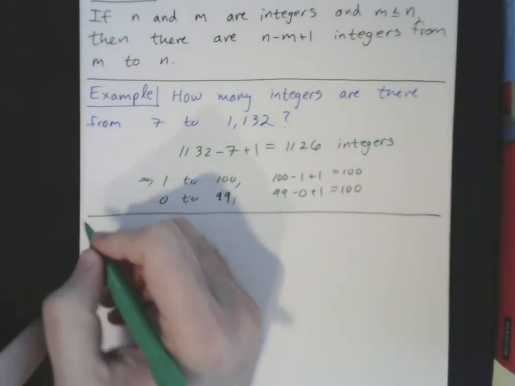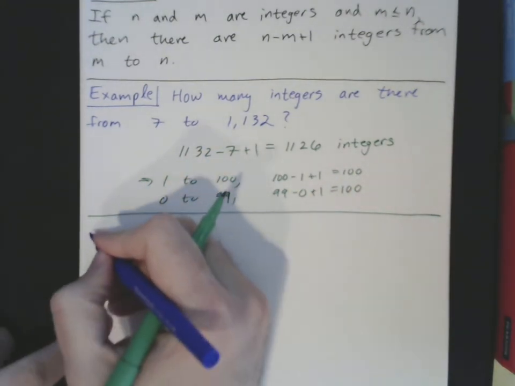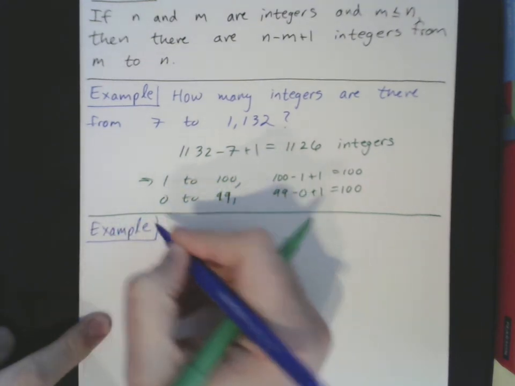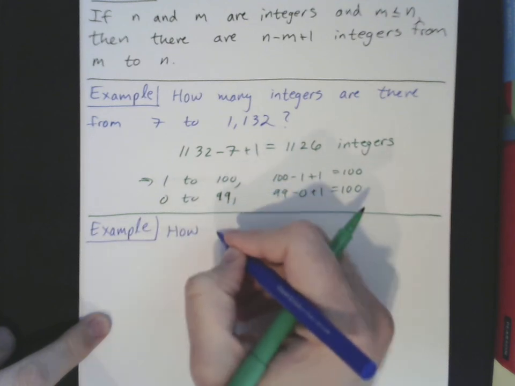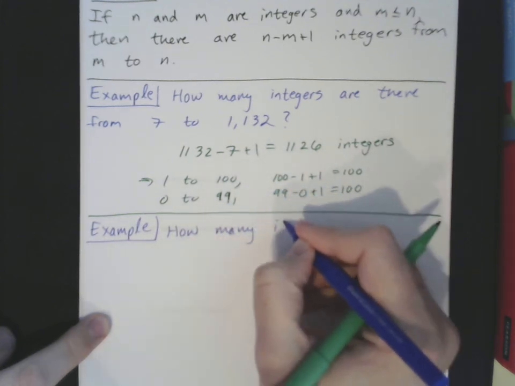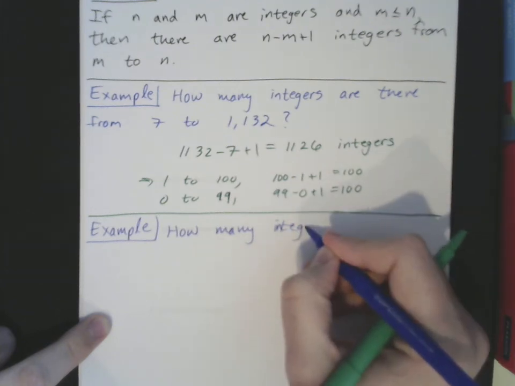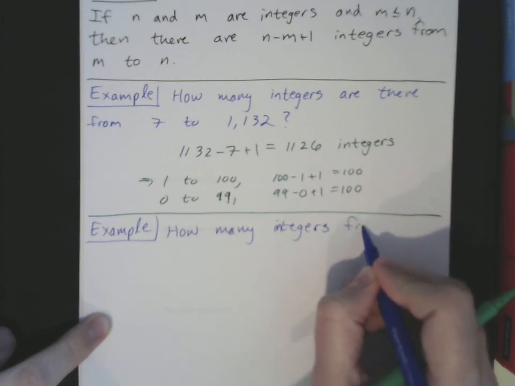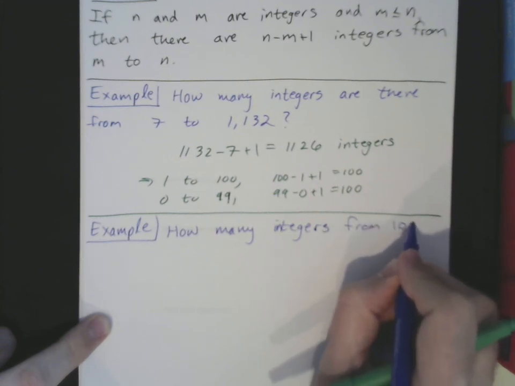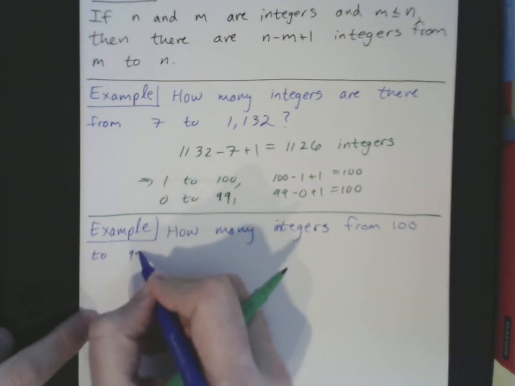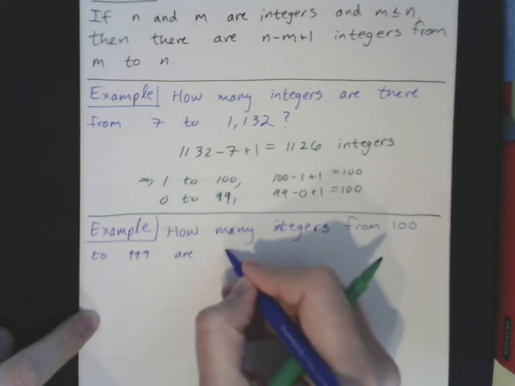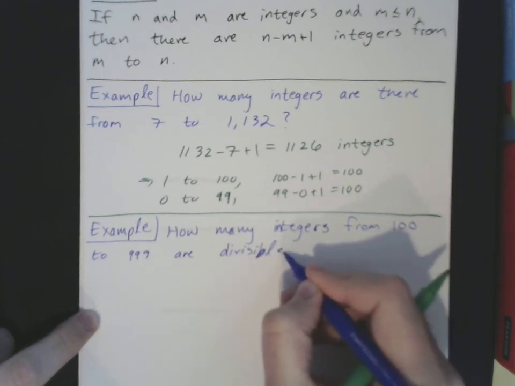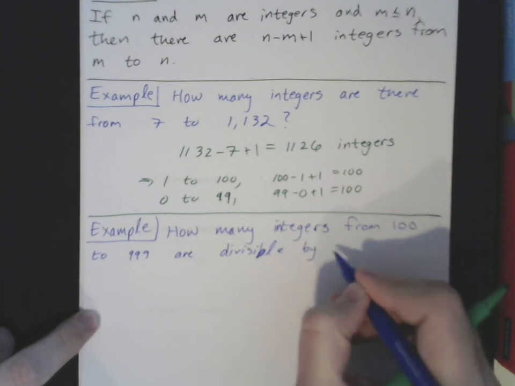So I want to give you, this would have been a practice problem, so definitely try this out on your own. I would like to know how many integers from 100 to 999 are divisible by 5.